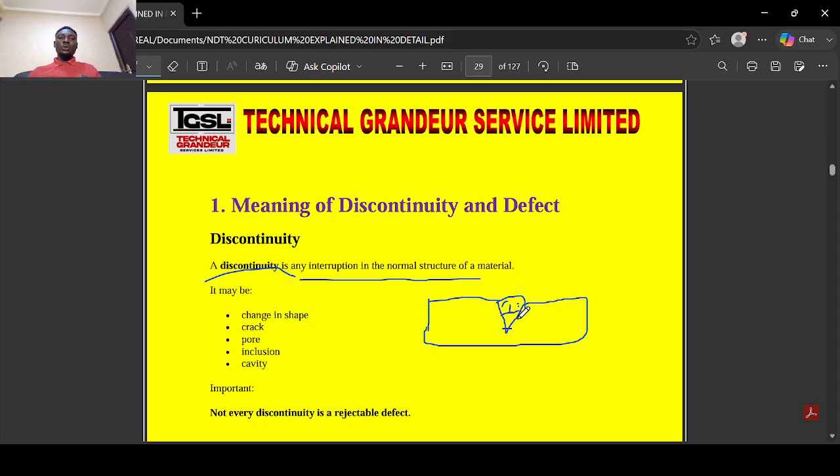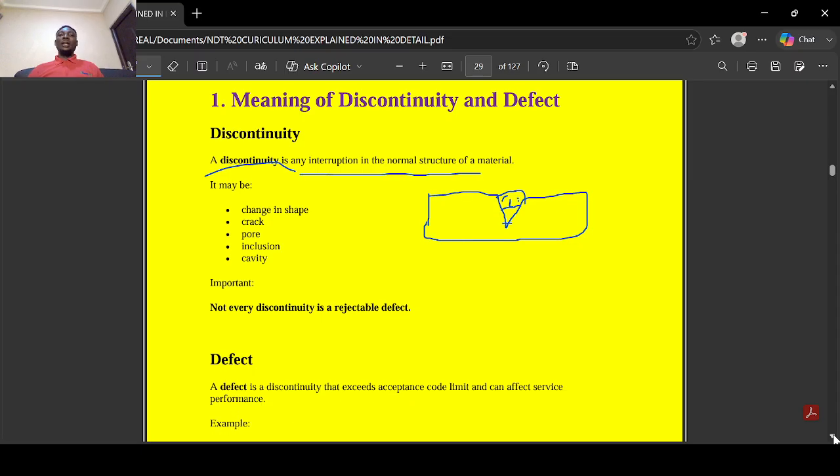Note that not every discontinuity is rejectable. Where I see most newcomers in NDT, normally they assume that all discontinuities are rejectable, which is very wrong. Not every discontinuity is rejectable. Let me use Nigeria as an example.